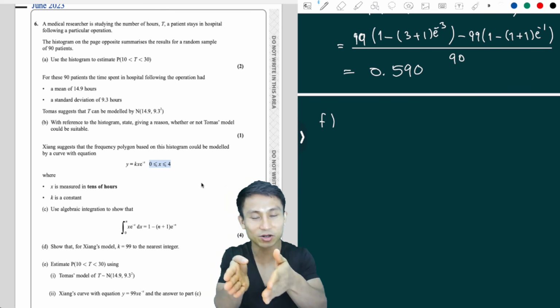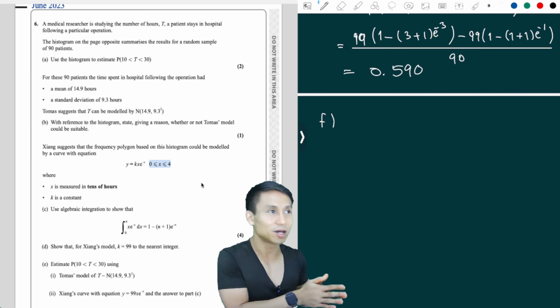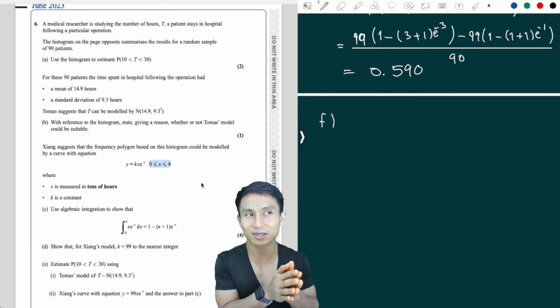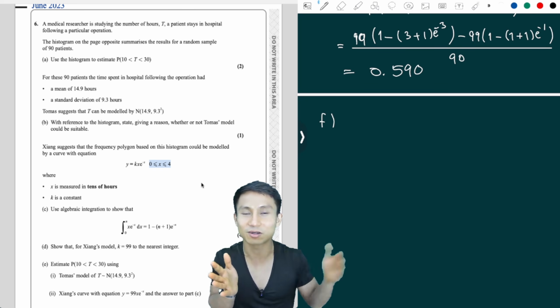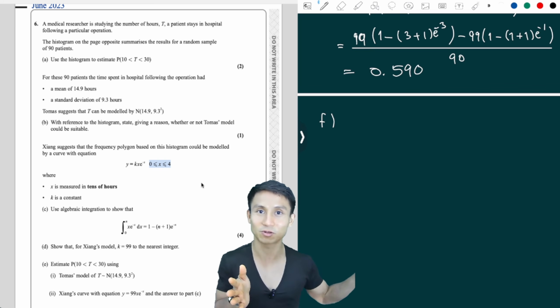So if you limit to only 0 to 40, 0 is fine, there's nothing wrong with that because you can't have less than 0. But to limit it to 40 hours, that's gonna ignore other cases when they actually go to greater than 40 hours.